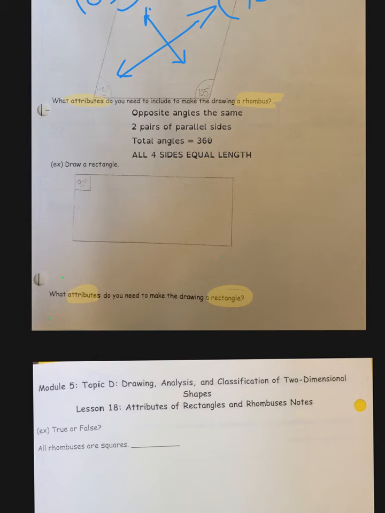So I can write already that this one is 90, this one is 90, this one is 90, and this one is 90. What is 90 times 4? Well, 9 times 4 is 36, and then I'm going to put my 0 at the end. So 360 degrees, we have that.